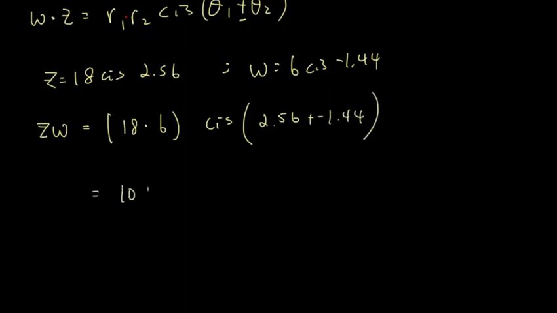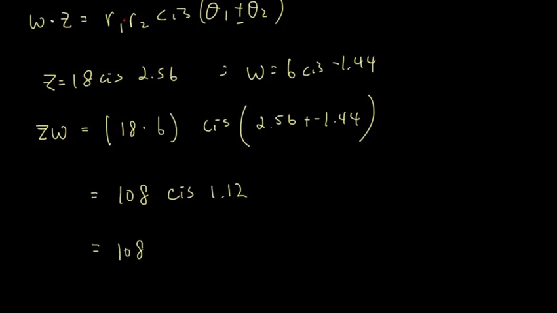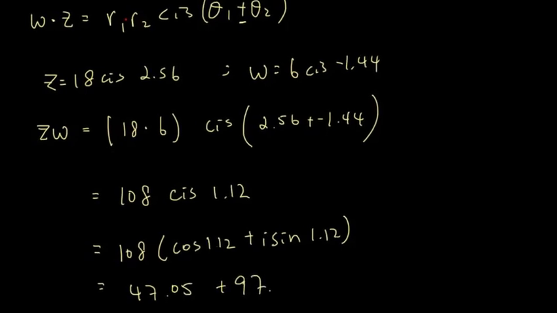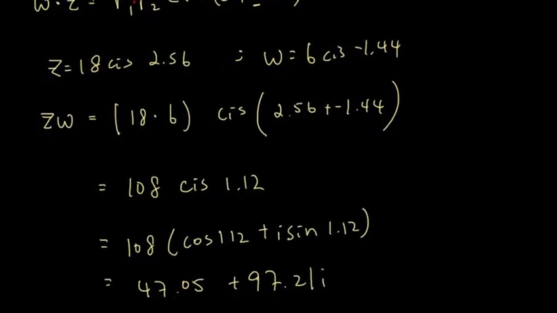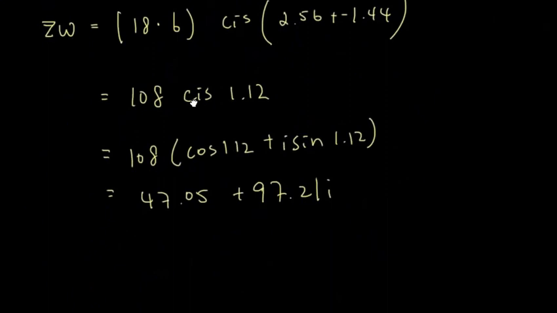That will be 108 cis 1.12. If we need to express this in rectangular form, that will be 108 into cos 1.12 plus i sine 1.12. So that would become 47.05 plus 97.21 i.